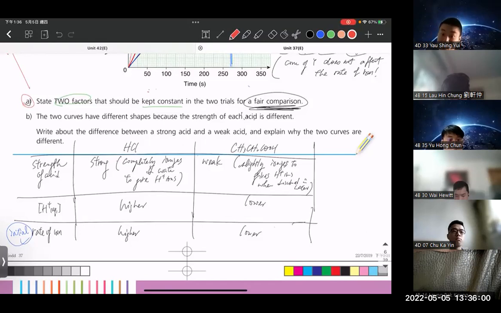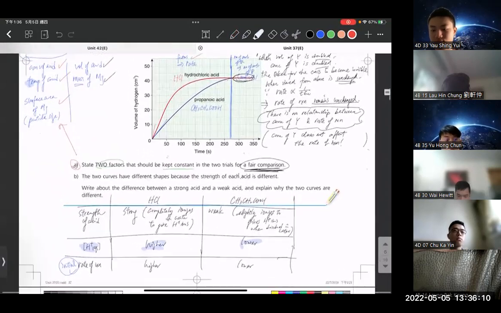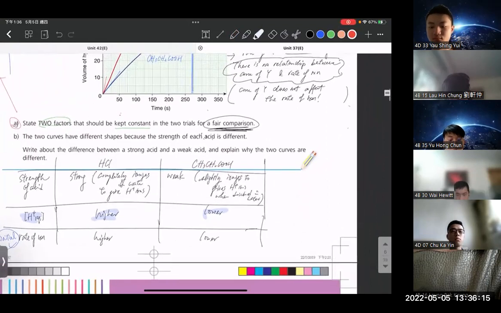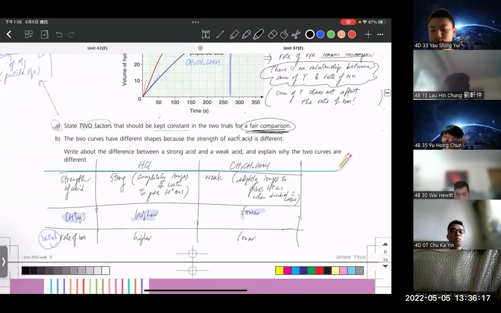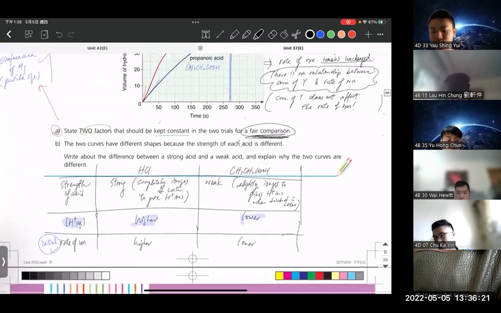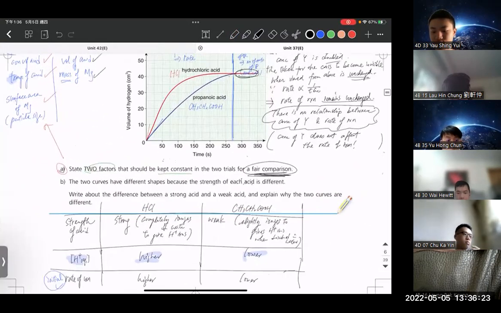You have to relate to the fact that the concentration of acid has been changed. Now go back to our understanding of today's two exercises, which want to talk about how the rate of reaction changes.